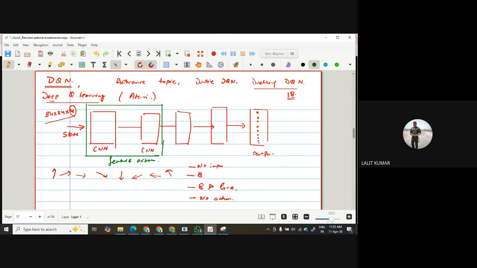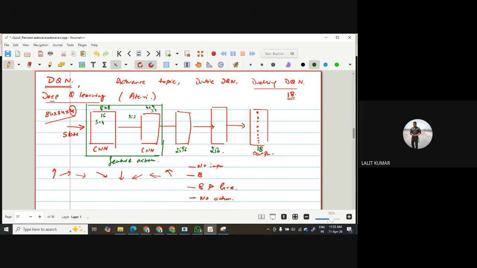You can go through the literature. If I'm not wrong, it was 8 by 8 with 16 filters and stride 4. Here it was 4 by 4, 32 filters, stride 2. Then you flatten it, and it comes to around 2592. They had one fully connected layer of 256, and then 18.